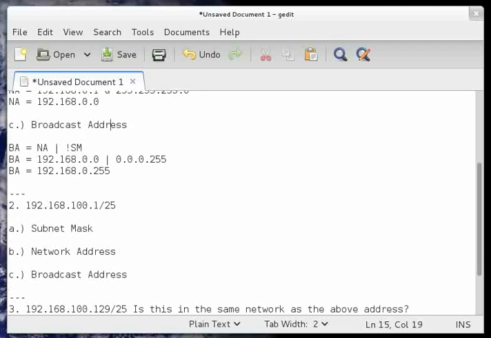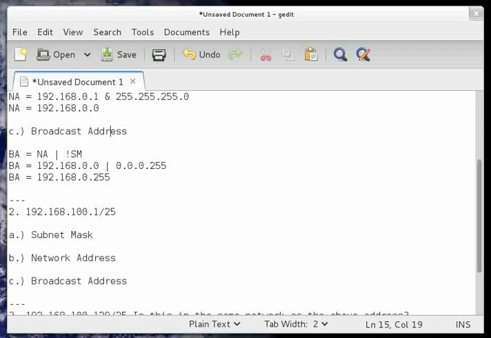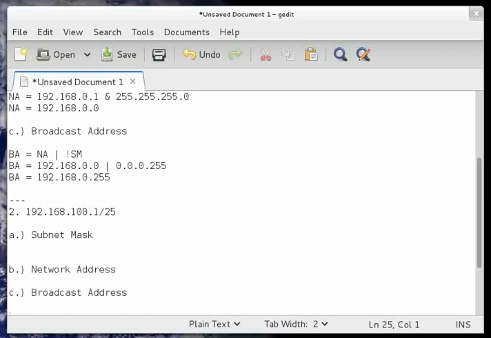Here we have the IP address 192.168.100.1/25. Of course, now we can copy the previous example where we have 8 ones first, followed by another 8 ones, we get 16, another 8 ones, 24, and one more 1.